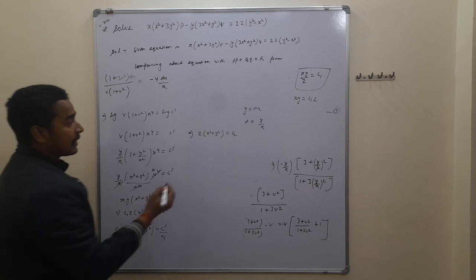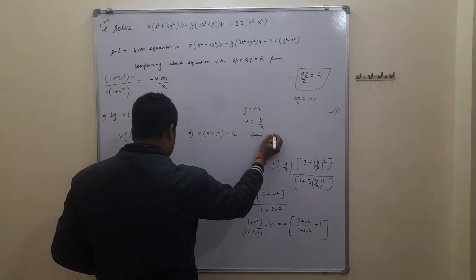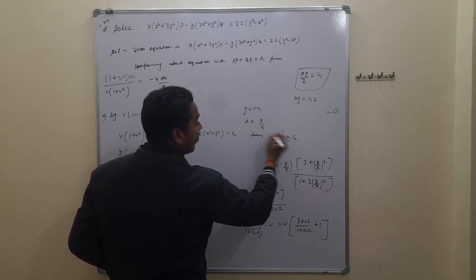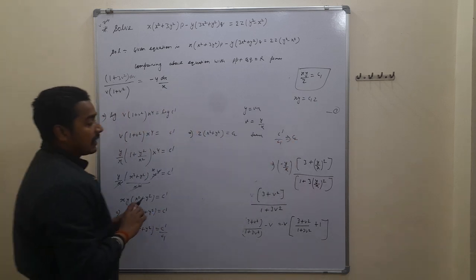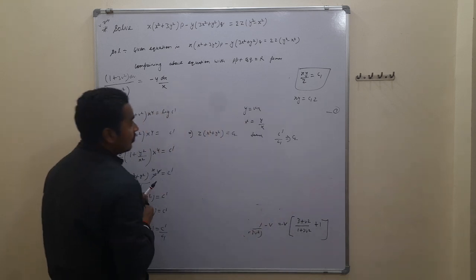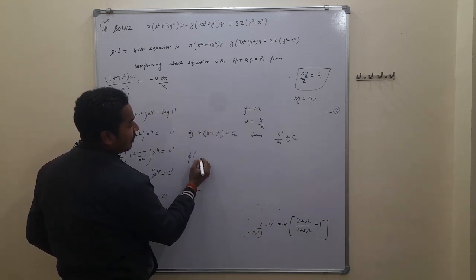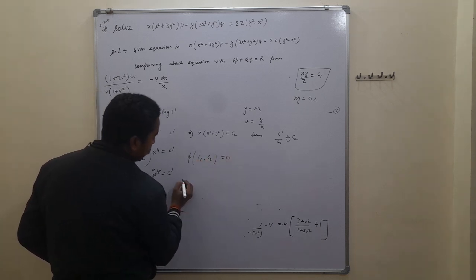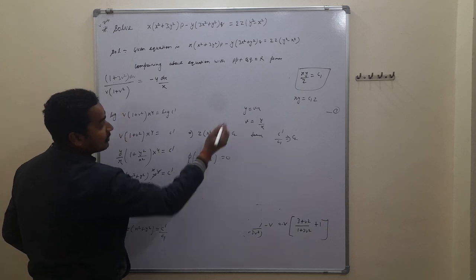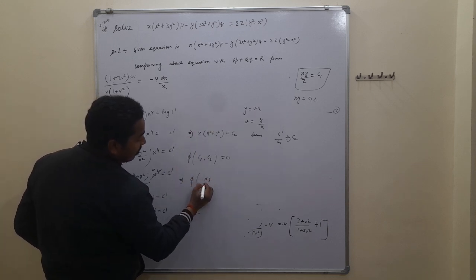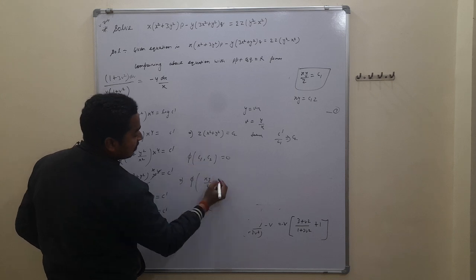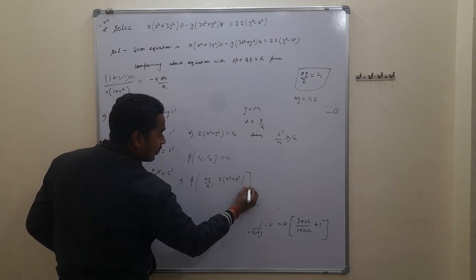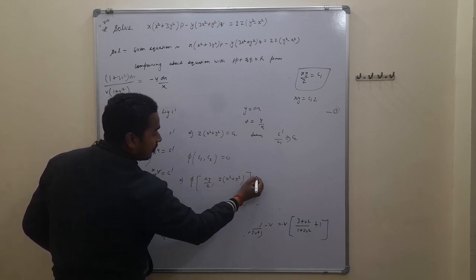We write the final answer: phi of c1, c2 is equal to 0, and so we write phi, where the value of c1 is xy upon z, and c2 is z into x square plus y square. This is the required solution of the given problem.